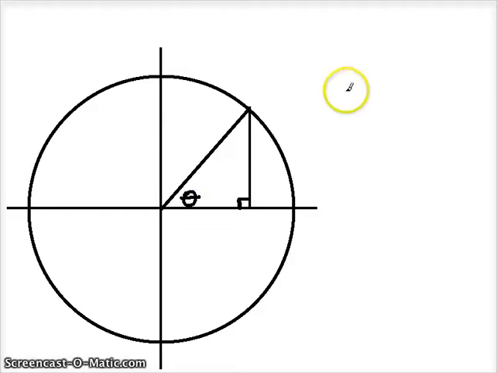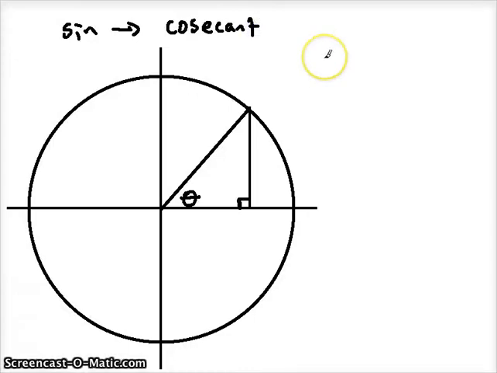Here's our angle. Let's talk about our reciprocal functions. The first one, the reciprocal of sine, is what's called the cosecant, and the shorthand is CSC.